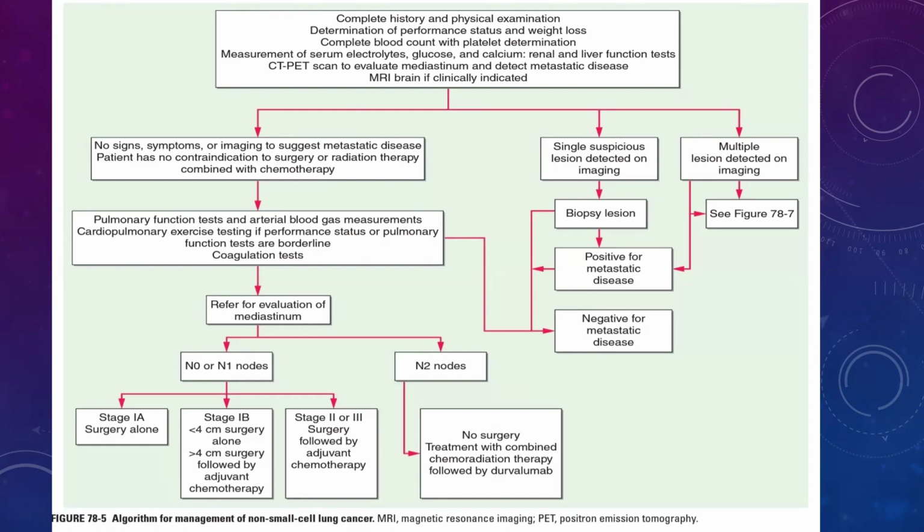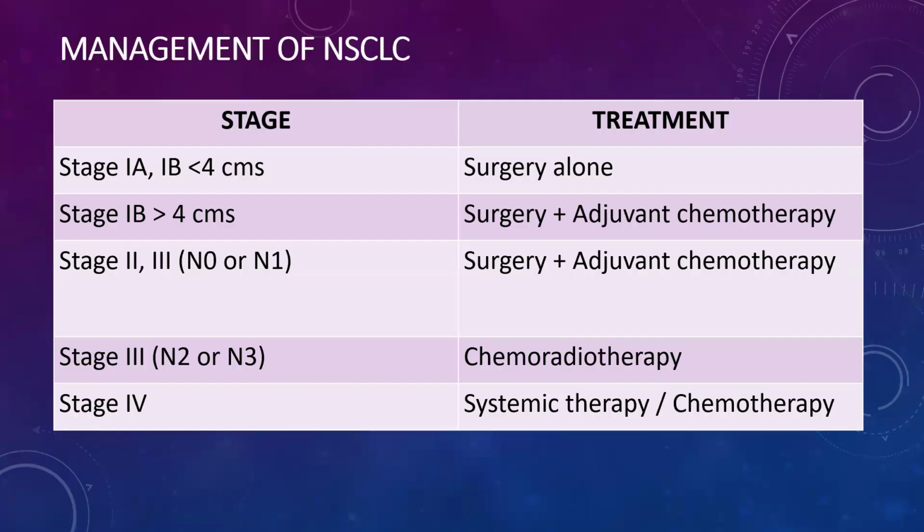And if you have N2 involvement, so that's your stage 3A, 3B, then we advise the patient a combined chemo and radiation therapy. Okay. While for your metastatic disease, we usually subject the patient to chemotherapy alone. Okay. So this is a summary of the management of your non-small cell lung CA.